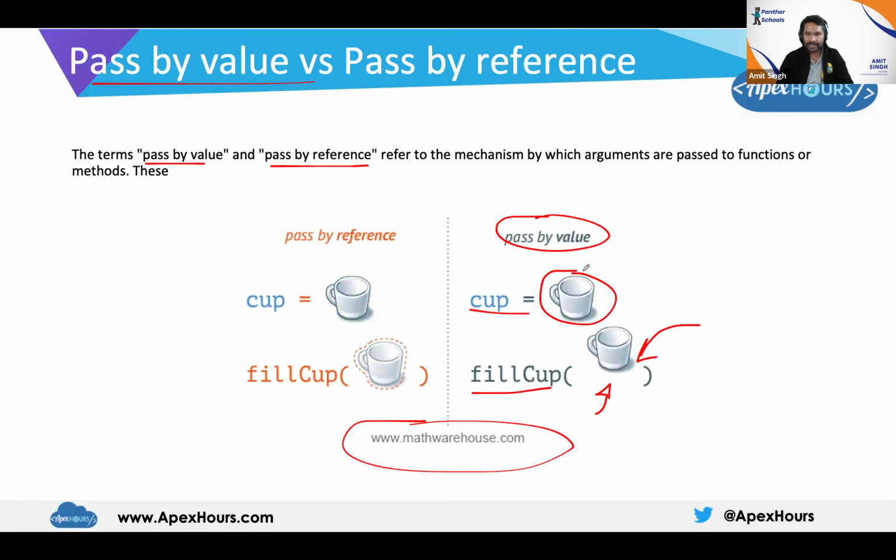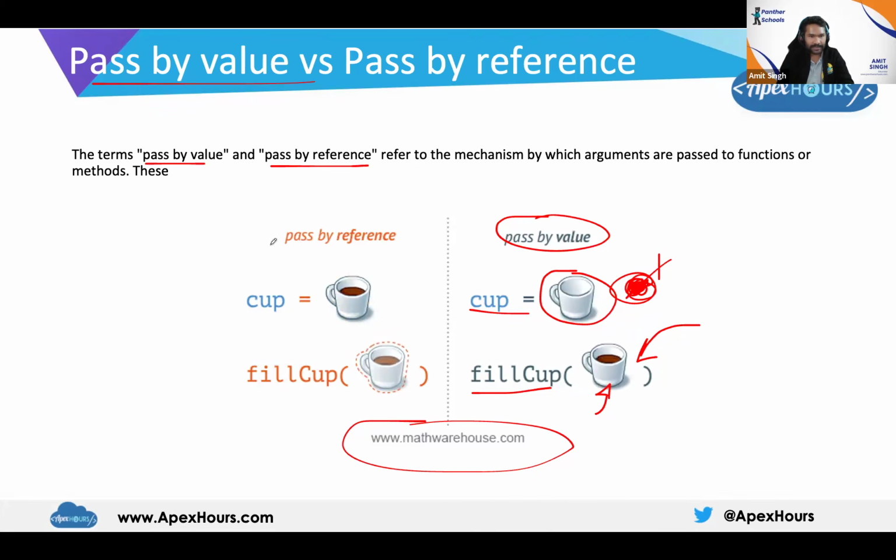What does it mean is, if I have a variable and I pass that variable to another method, and the value of that variable is getting changed inside that method, this variable is not going to get impacted. No impact.